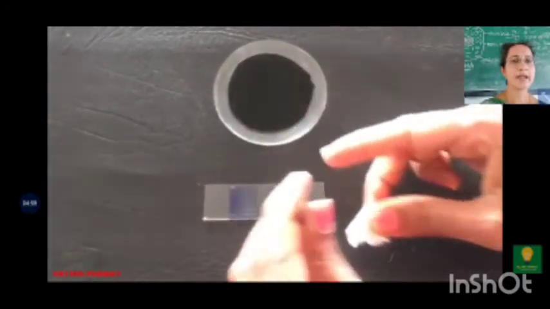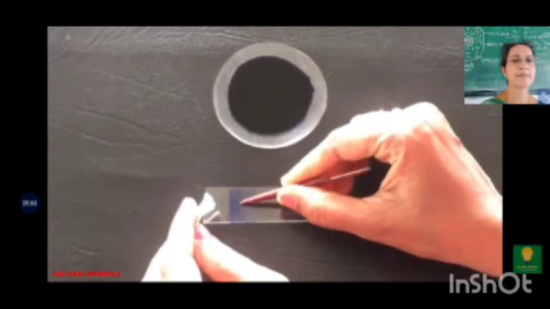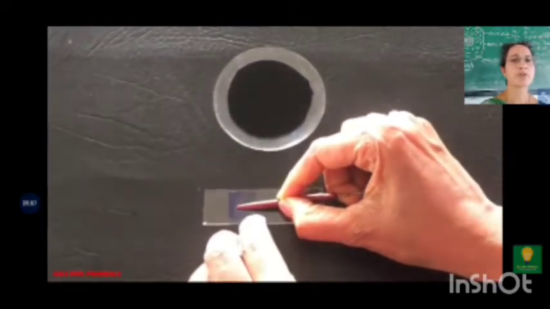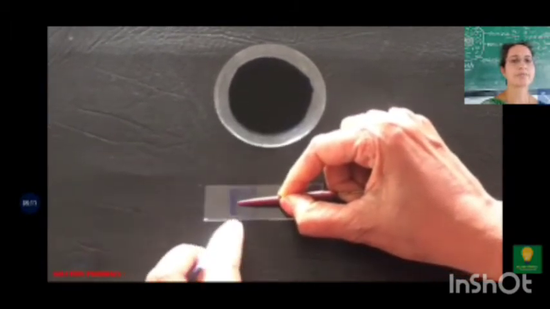You gently tap with the help of a needle from its backside and wipe the excess stain around the cover slip. And the slide is ready to observe under the microscope.